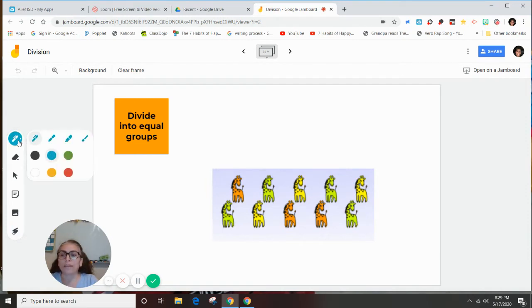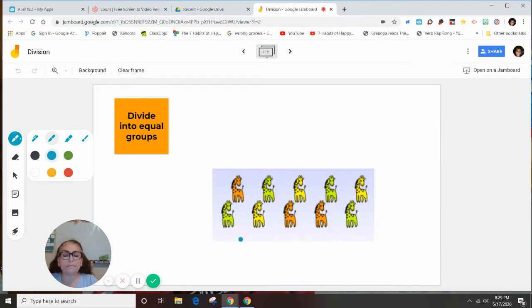So then I'm going to try to think how many I have in this group. 1, 2, 3, 4, 5, 6, 7, 8, 9, and 10. Maybe I'm going to start thinking if I make them in groups of 2, then groups of 3, and then groups of 4. I can try it like that. That could be one thing that I can do.